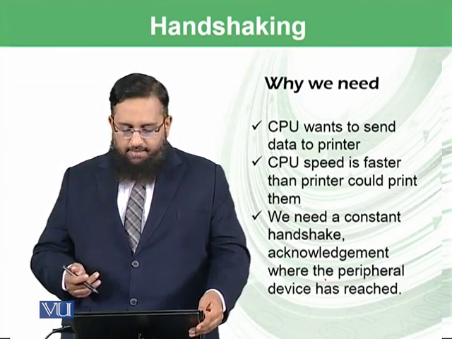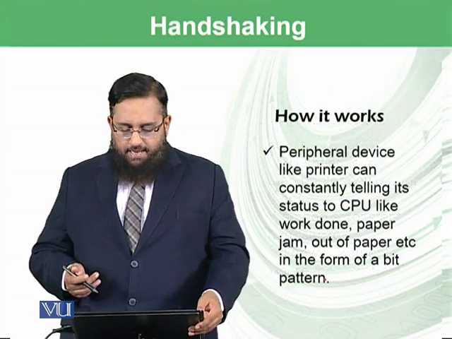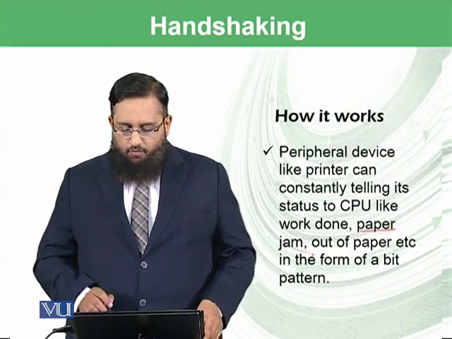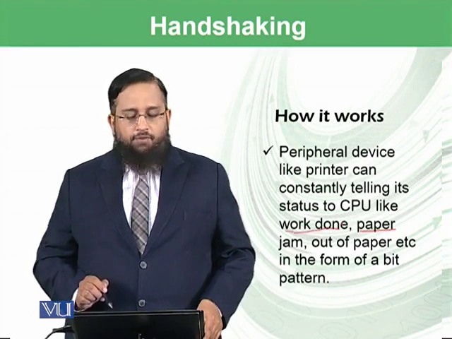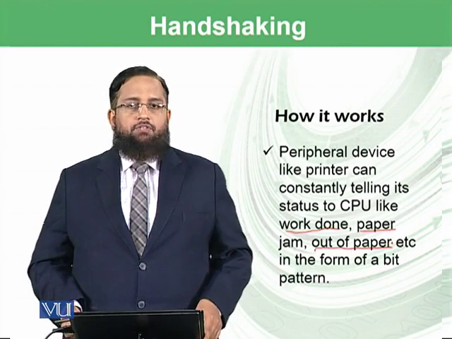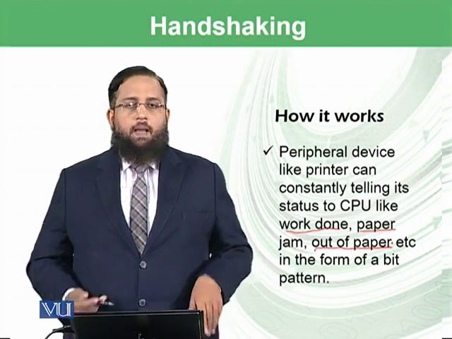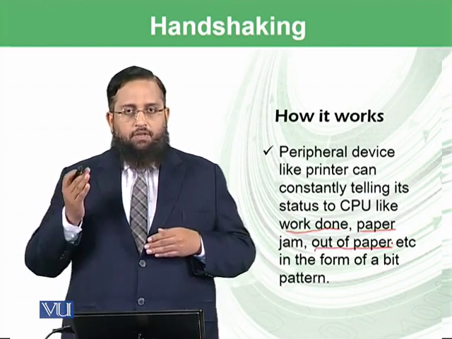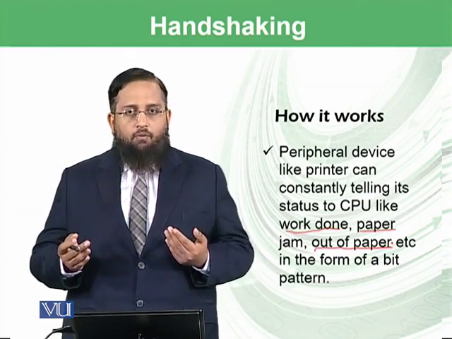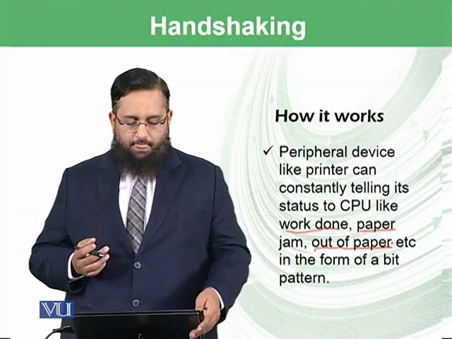For example, in the case of a printer, it tells you that there is a paper jam, or that it has run out of paper, etc. Such information is communicated by the device. So the device is handshaking with the CPU with the help of, of course, the controller.